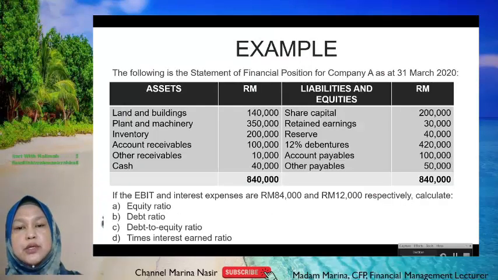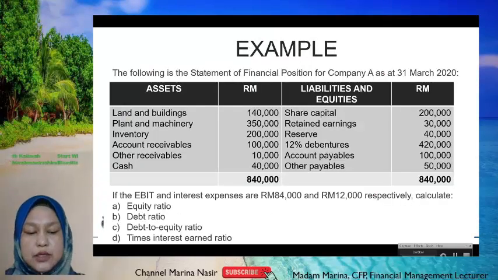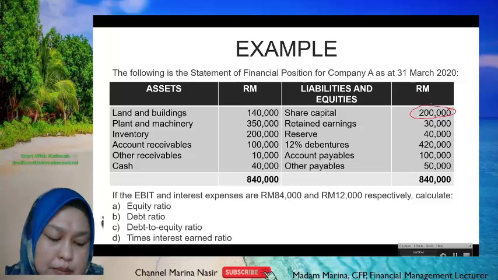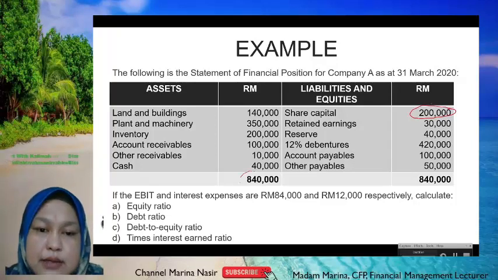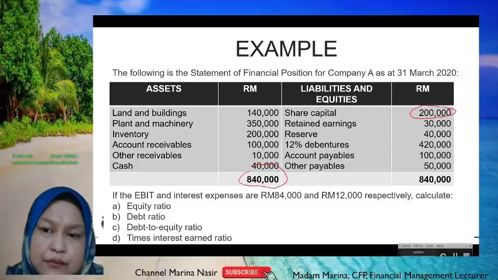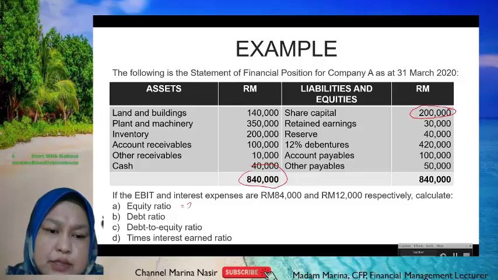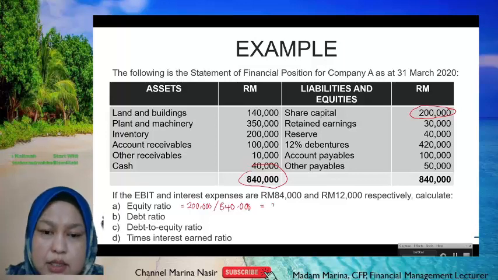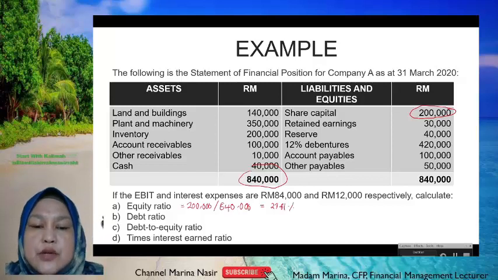Our shareholder equity value is 200,000 divided by total asset 840,000, times 100, equals 23.81%. This is the equity ratio.